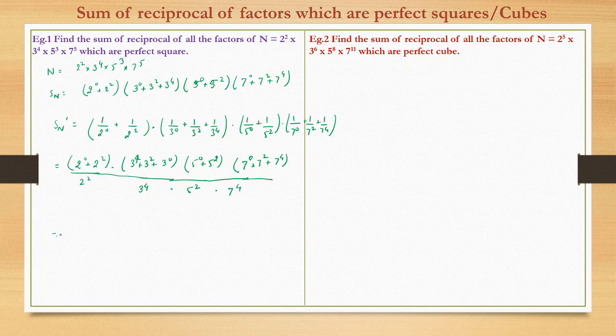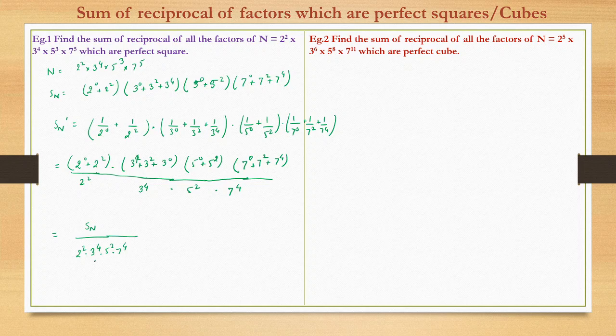Now see what happens here. The numerator, can you see, the numerator is same as Sn here, right? Sn upon the denominator, which is what? 2 square into 3 to the 4 into 5 square into 7 to the 4.